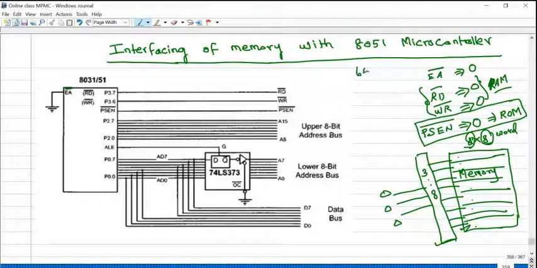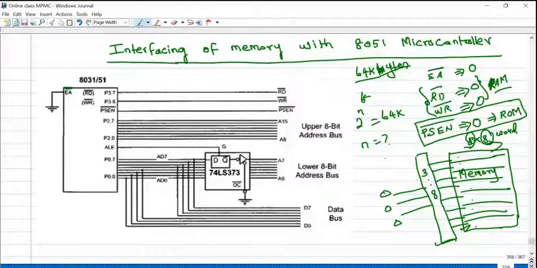Suppose 64 kilobytes of memory. Bytes represents the second field. So 64K. 2 power n equal to 64K. Then what is the value of n?